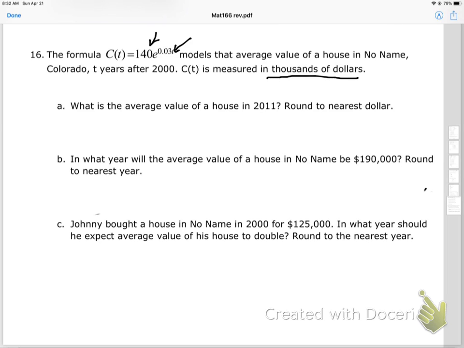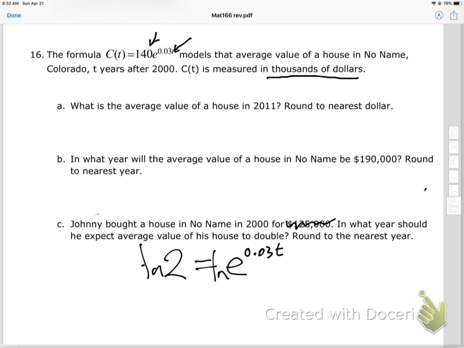In what year will the house double? Right, double in price. All it is is this: 2 will be on this side. It's still e to the 0.03t. That's the doubling time formula. Don't even worry about the 140. If it doubles, you're going to get 2 on the left-hand side. So again, just log both sides. So here we go again.